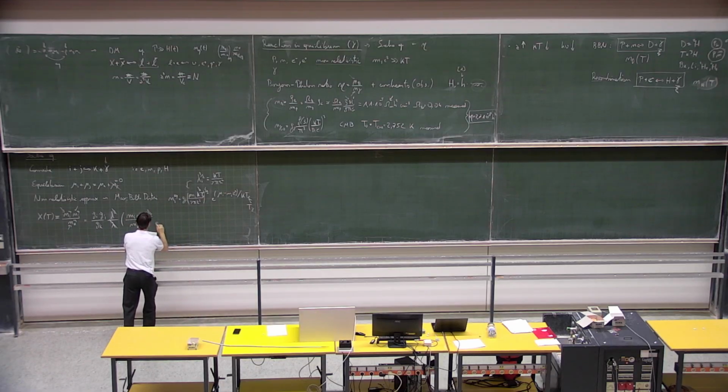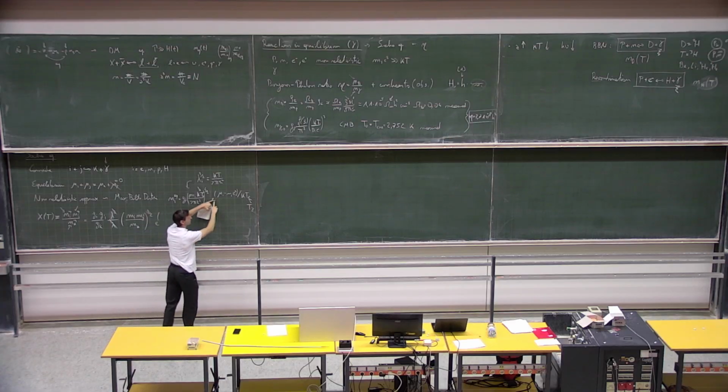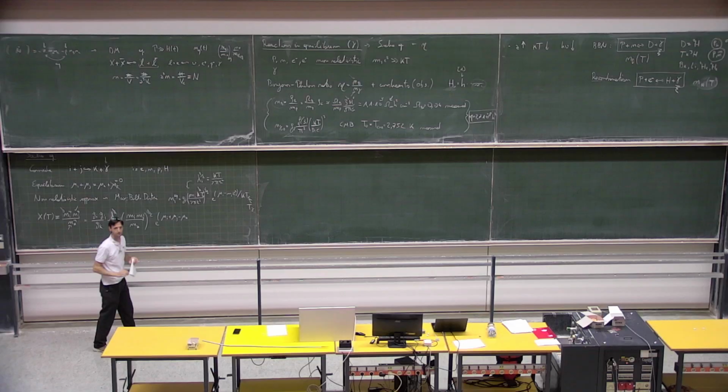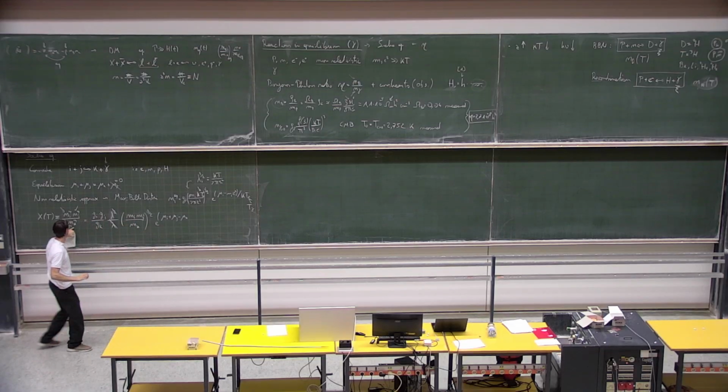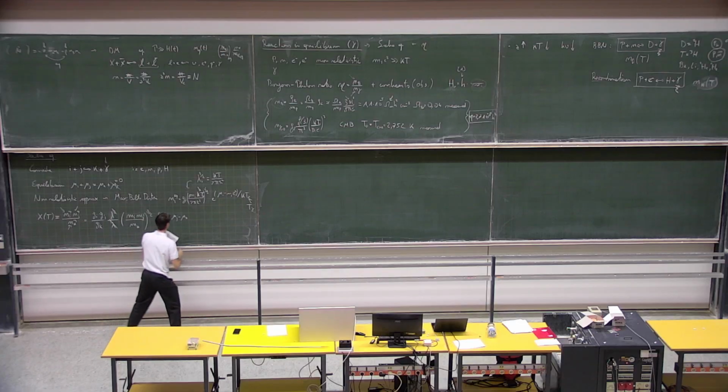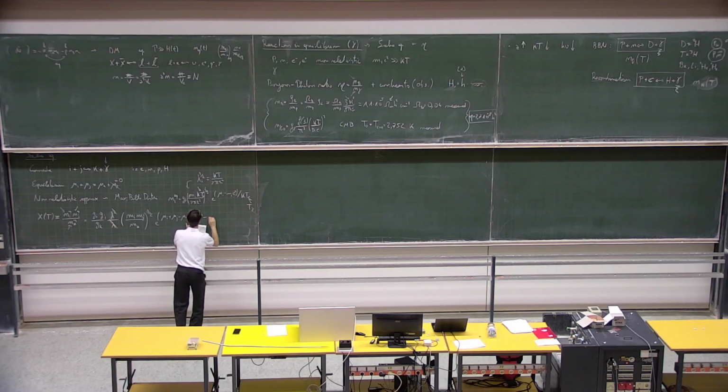Okay. Then we have our exponential, which is a product of exponentials, so an exponential of the sums. Remember, just a property of the exponential. So we have mu_E plus mu_J minus mu_K. There is the minus because it goes at the denominator. It is the exponential for the K particle. And then we have minus m_E c squared minus m_J c to the power of 2 plus m_K c squared, all divided by kT.